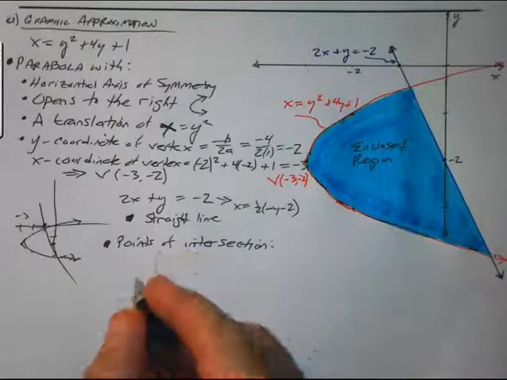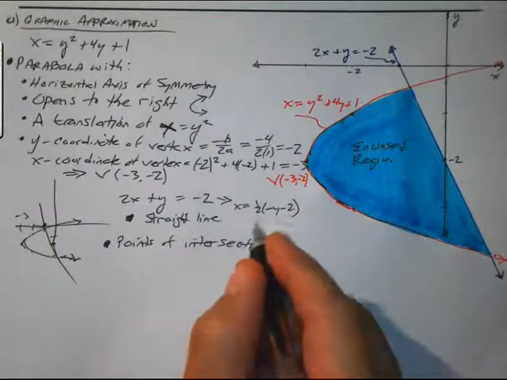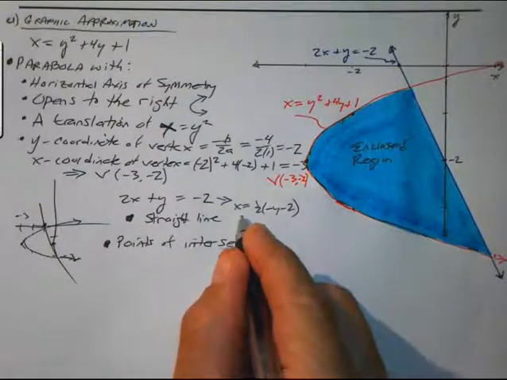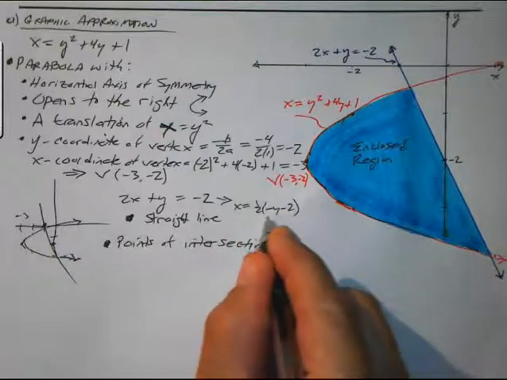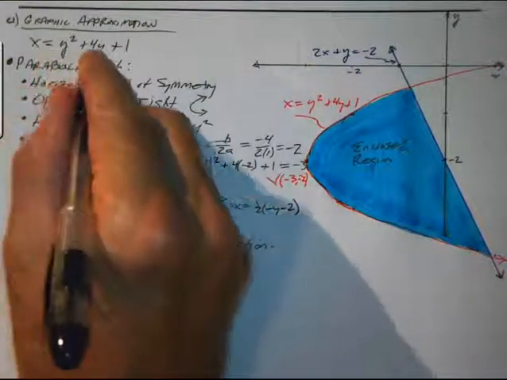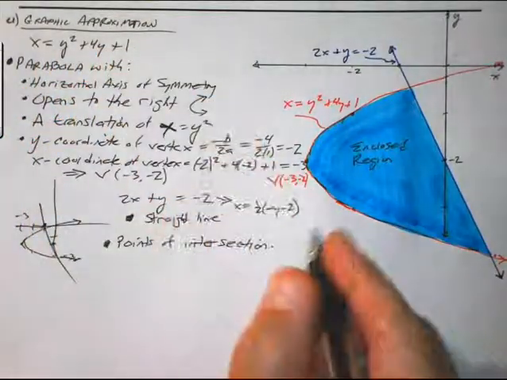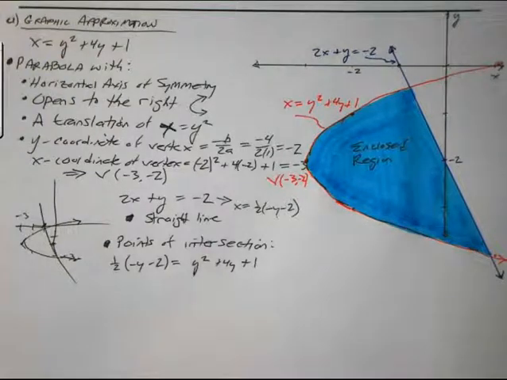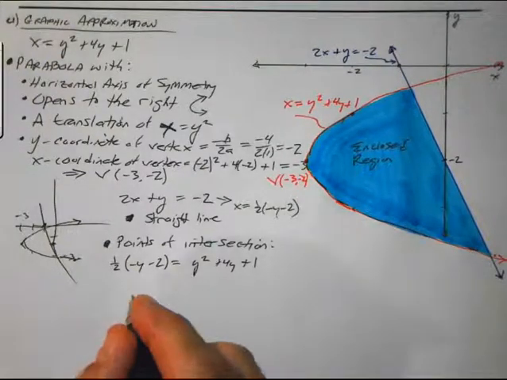So now we can equate the two x's, and that would allow us to equate this expression, the 1/2 times negative y minus 2, to the y squared plus 4y plus 1. Okay, it's going to be a pretty routine quadratic equation.